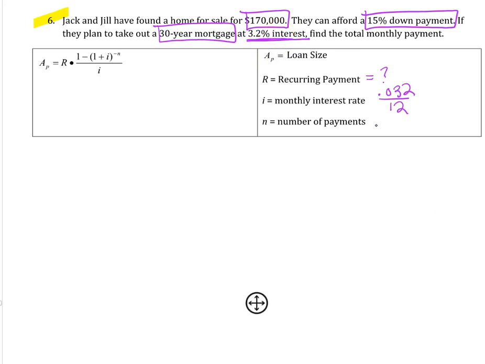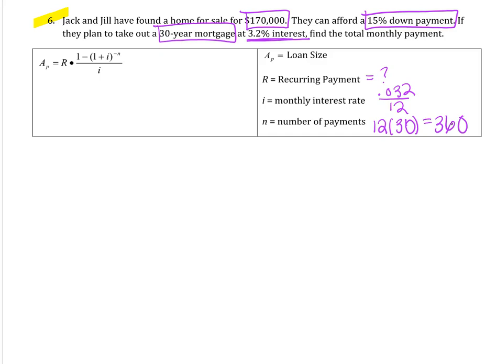The number of payments is going to be 360, because, wait, excuse me, I'm sorry, not 360. It's 12 because it's monthly payments, but you're doing this over the course of 30 years. So it is 360. I just wanted to show you where I got that number from.